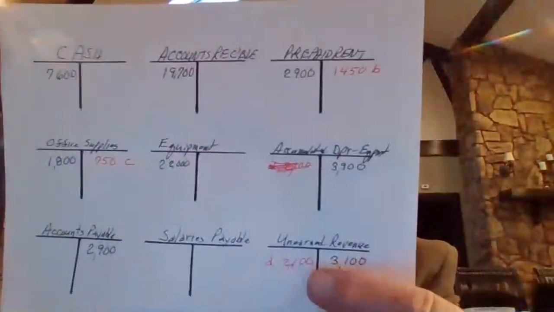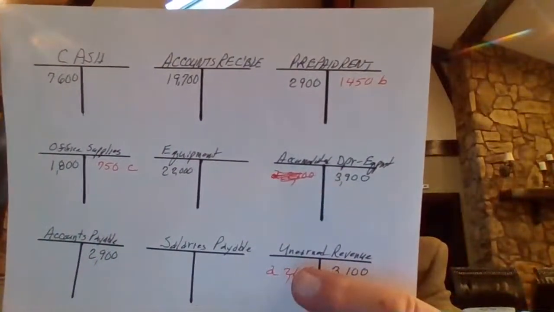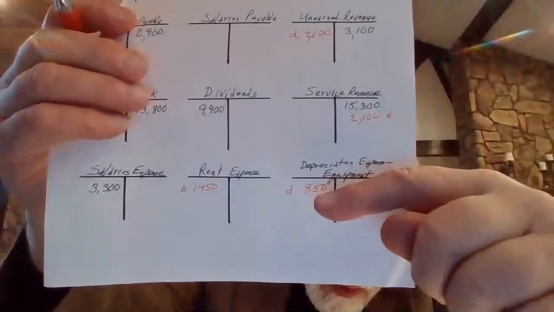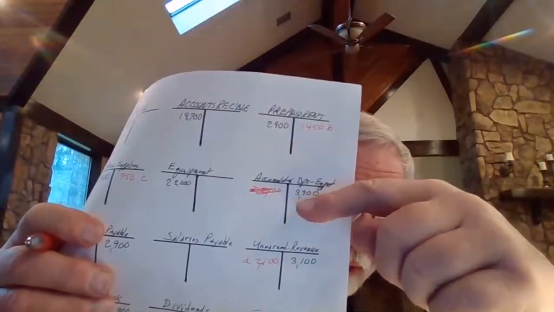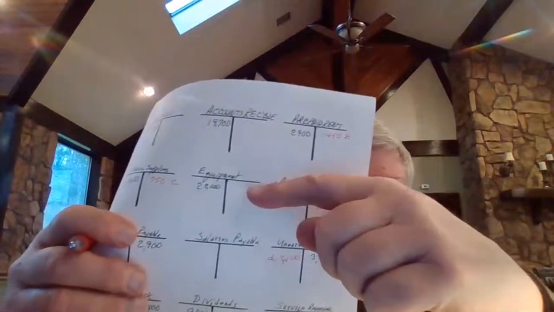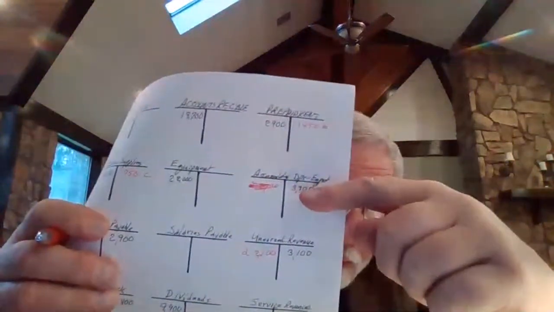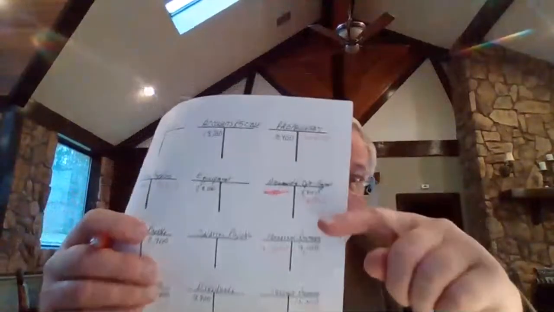So I just scratched it out and put the unearned revenue, reducing the liability for the amount we've earned. And now the accumulated depreciation will get its credit of $850. Down here, we had the expense getting debited. Accumulated depreciation is an offset to the asset, so the normal balance would be opposite of the asset's debit normal balance. The accumulated depreciation has a normal credit balance. So to increase it, we would credit it for $850.